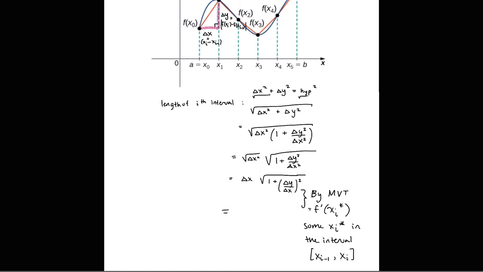So for some point in an interval x sub i minus 1 to x sub i, there will be some point for which that is equal to the derivative of the function. That's what the mean value theorem does.